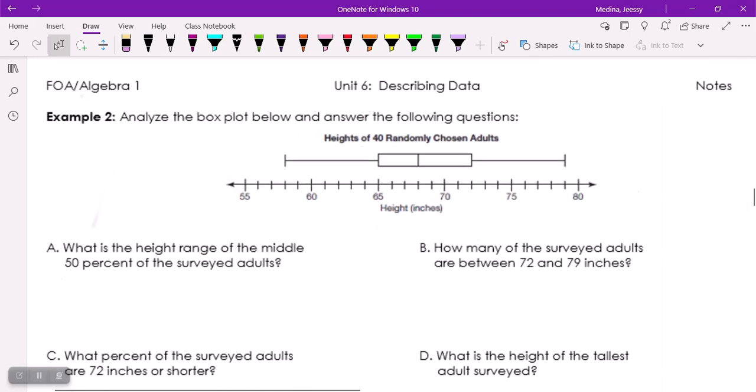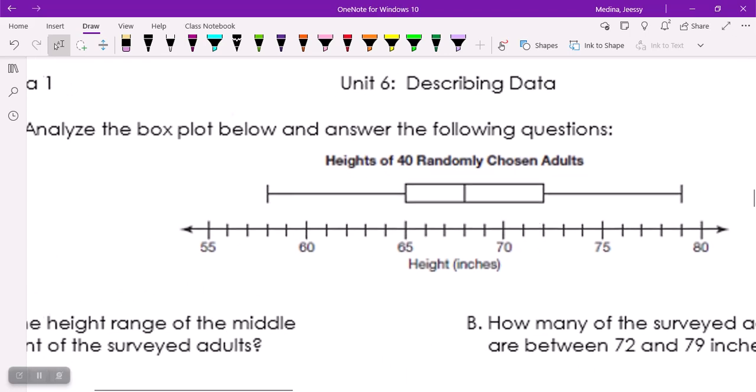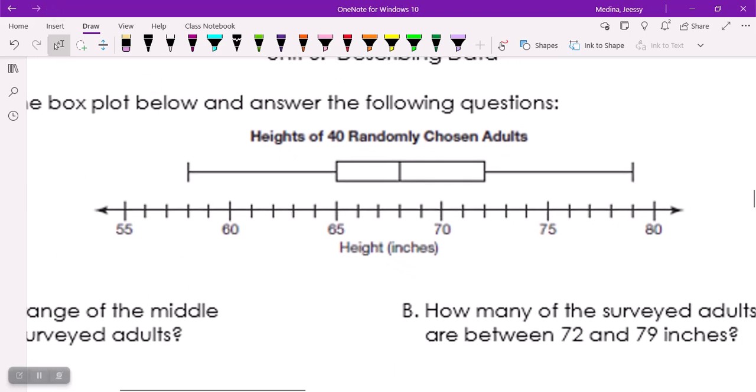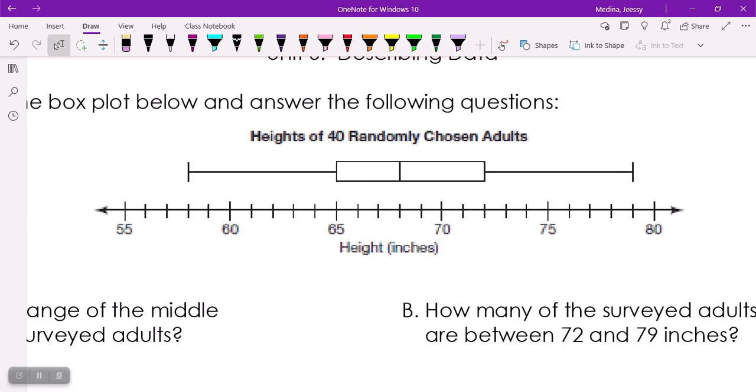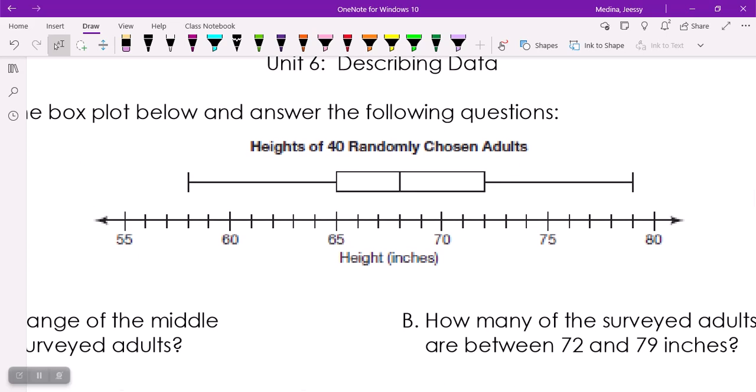All right. In looking at the next practice questions, what is this box plot about? Yes, the 40 is going to be important, so you need to pay attention.